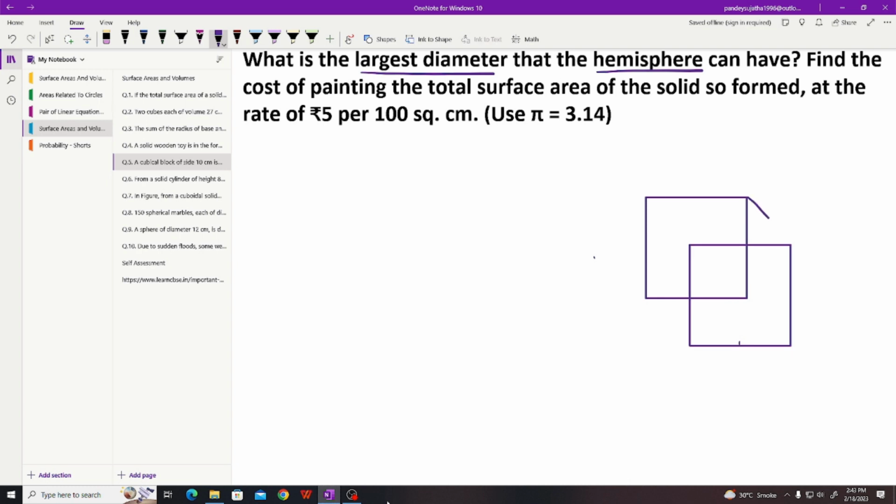Here the cube is given whose side is of 10 centimeter. And a hemisphere is surmounted on this cube. So let's draw the circular base of the hemisphere.